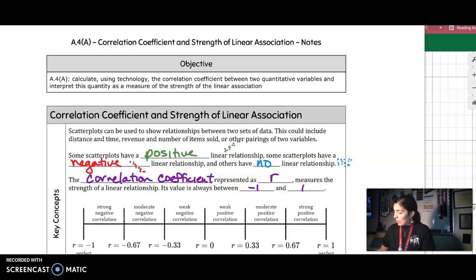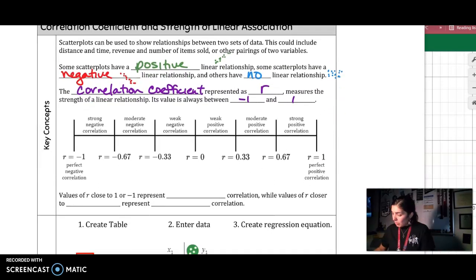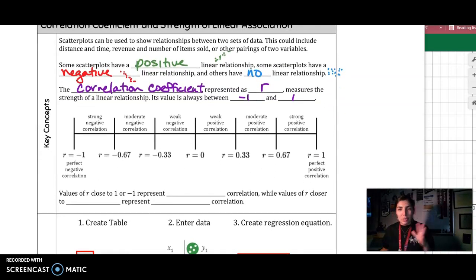Okay, let's talk about these things. If we see here, we have our differentiation between -1 and 1. If the R value, the correlation coefficient, is -1, that means it is a perfect negative correlation. It means the graph would go literally down in a straight line. As we get further into this graph, it's still going down, but maybe not as tightly aligned, until we get to the point where we have no correlation whatsoever.